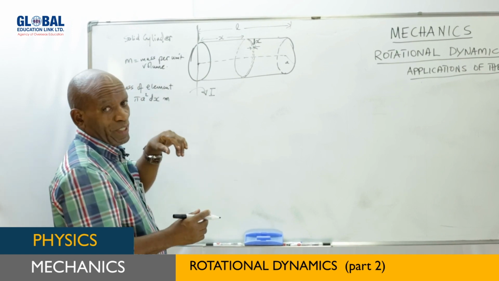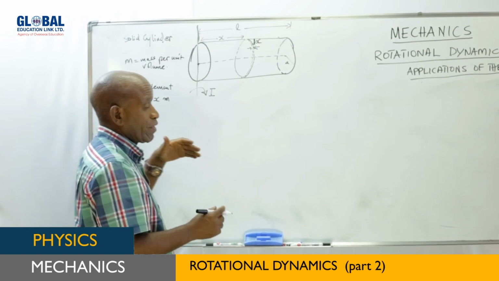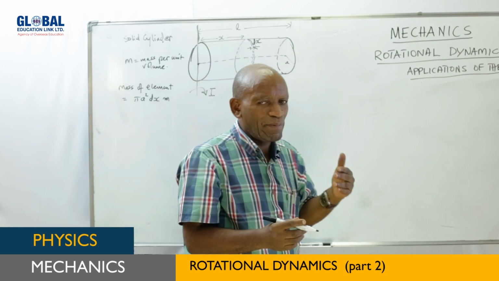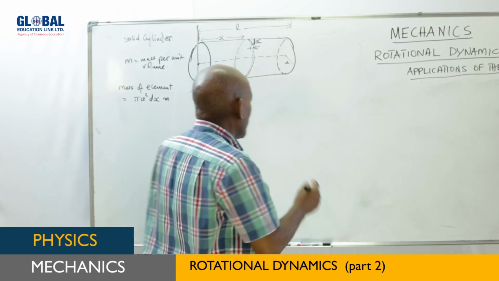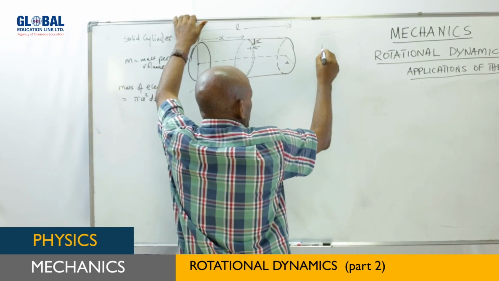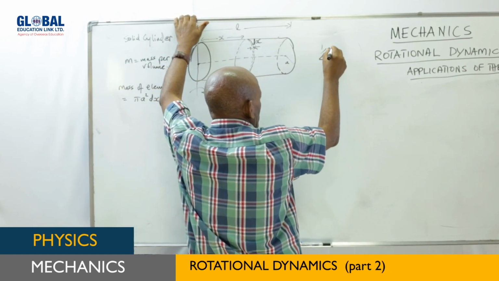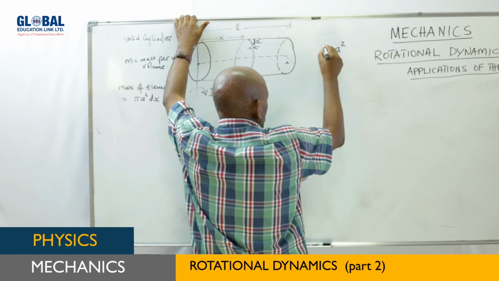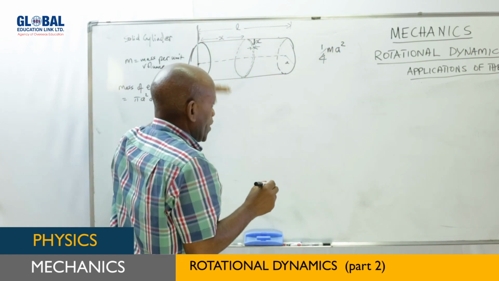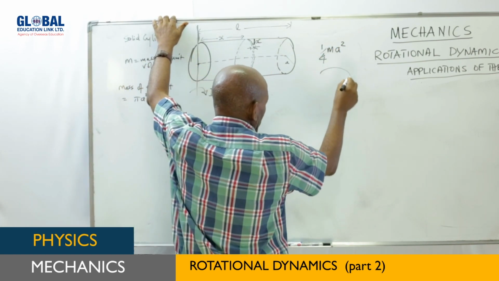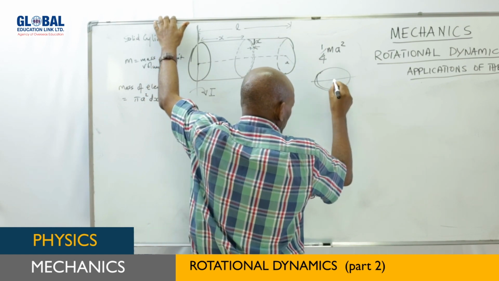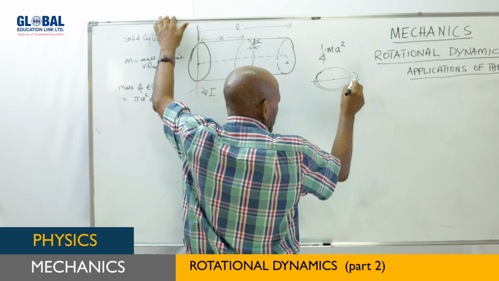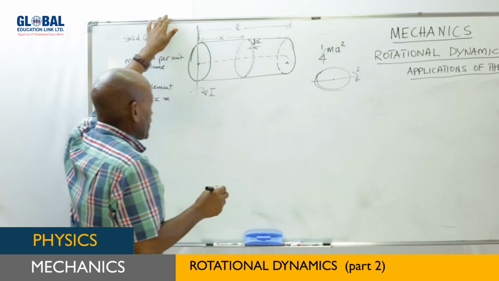But remember, we did this previously. When we looked at the moment of inertia of a disk about an axis passing through its center along its plane, we obtained a quarter times the mass times the radius of that disk squared. Whenever we have a disk with an axis passing through its center over its plane, the moment of inertia is equal to that much.